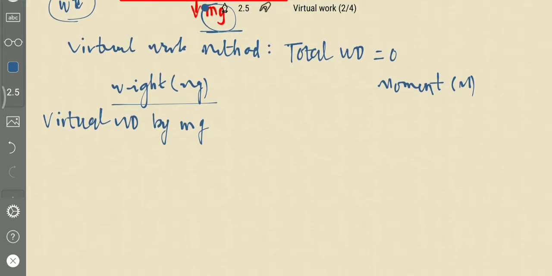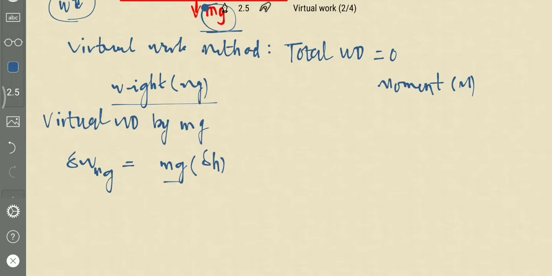So the virtual work done by mg, as I have said, the virtual is represented with delta. So virtual work done by mg is given by mg into delta h.